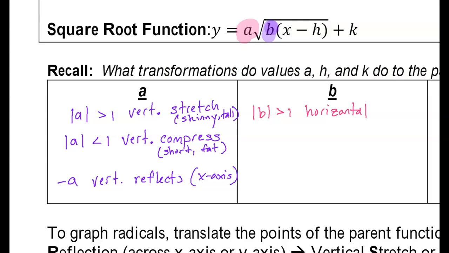We know that b is backwards from a. So if b is bigger than 1, it's a horizontal compression. Yes. And if b is less than 1, it's a horizontal stretch.